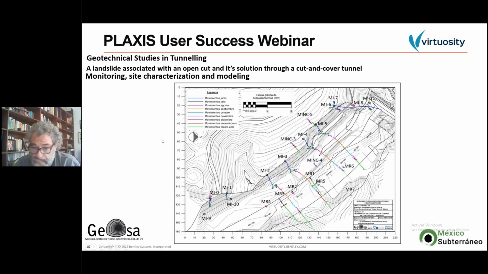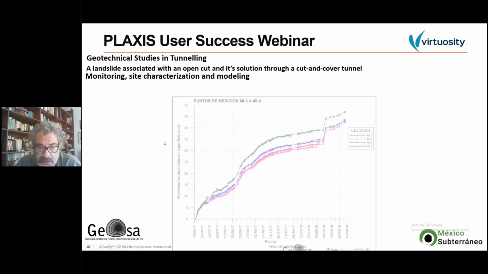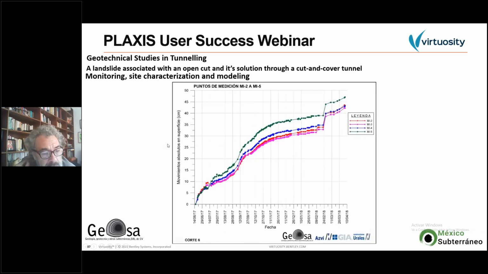Okay, so let's see. These are the absolute movements of some surface points. You can see that they are over 45 centimeters in some months, so it is considerable. You can see also the speed of the movements, and these jumps correspond to some excavation activities.